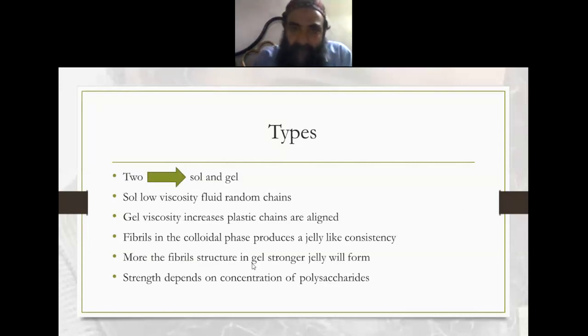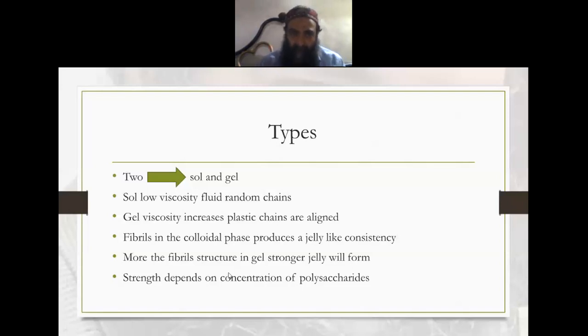Now the types. There are two types: sol and gel. Sol is not a true type of solution, and the other one is gel. Gel is another form which is not a suspension. Sol is of low viscosity, in a fluid form, and has random chains.